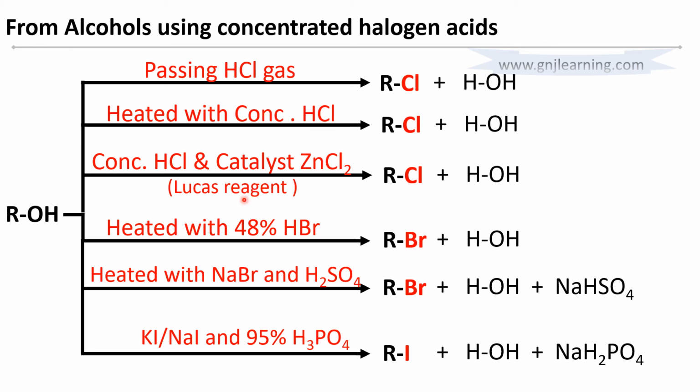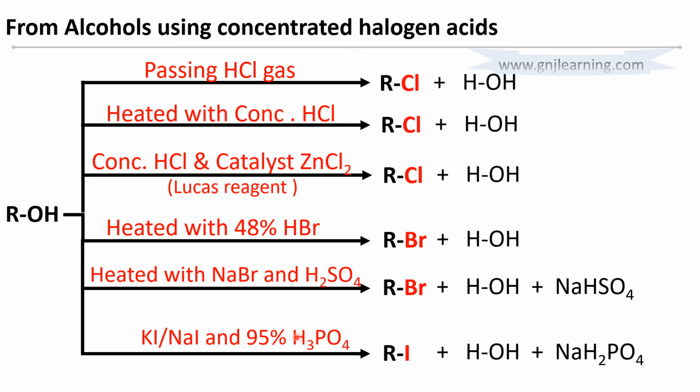Clear? Now in the case of bromoalkanes, either I can heat with 48% HBr, or I can heat with NaBr and H2SO4, a salt and H2SO4. So H2SO4 will produce HBr from it. Always HBr or hydrohalic acid is required for this replacement of OH by Br or OH by Cl.